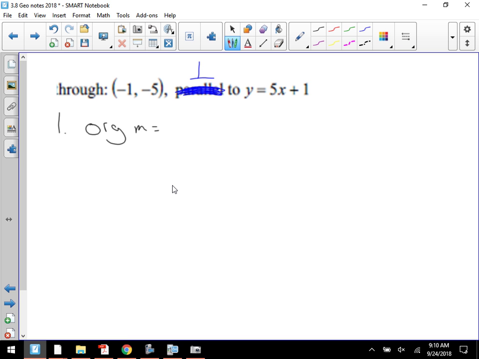What's the original slope? 5. Is it a parallel or perpendicular problem? Perpendicular. How do we know that? Because it said so. What's perpendicular to a slope of 5? Negative 1 over 5. Very good. Use point slope.